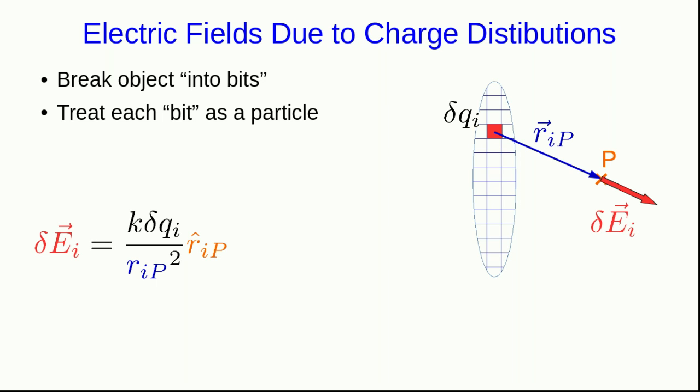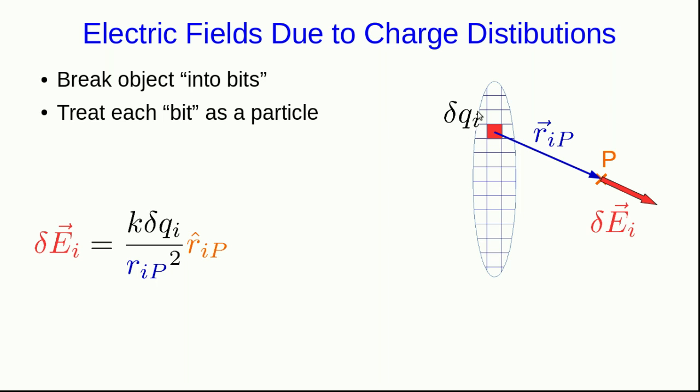And when I say that, I mean that now we define the point P where we want to know the field, and for each bit we can say that the field that it produces there can be found from our usual expression for the field due to a charged particle, where we're saying that this bit has some delta Qi as the charge on it, and so we get some delta Ei, which is the field due to it.